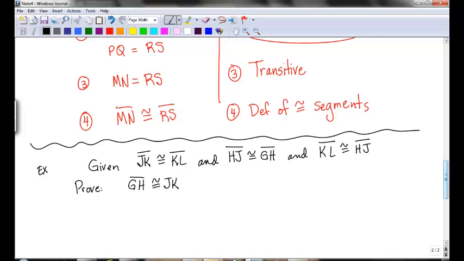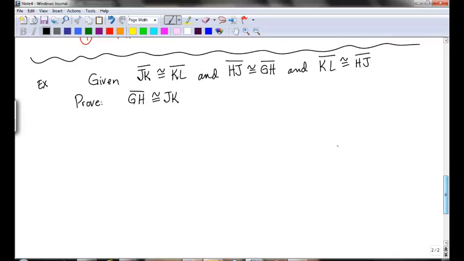Okay, now they give a picture. You always want to look at the picture, what they're giving you. Label this vertex as J. Right about in the middle, label this K. Label the endpoint L. Right about in the middle, put that as H, and this one is G. So if you look at those segments, look at the picture.